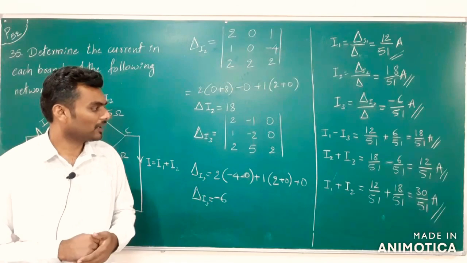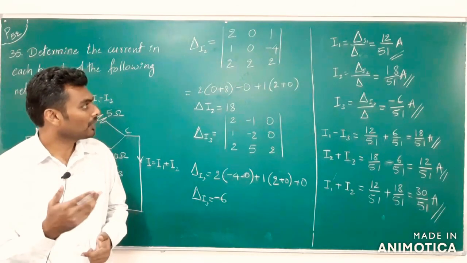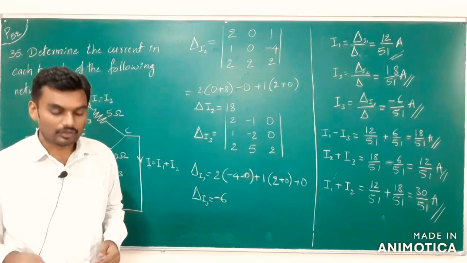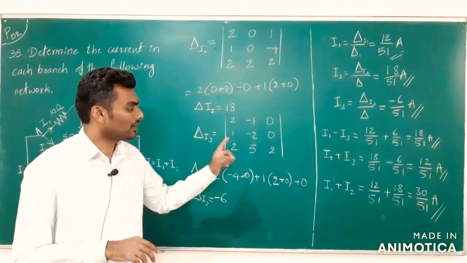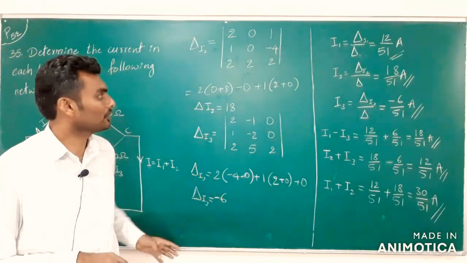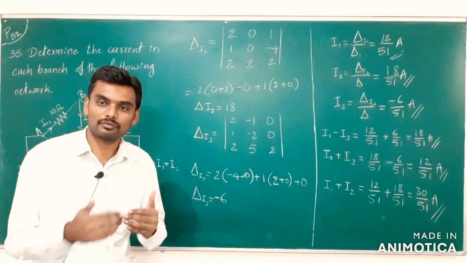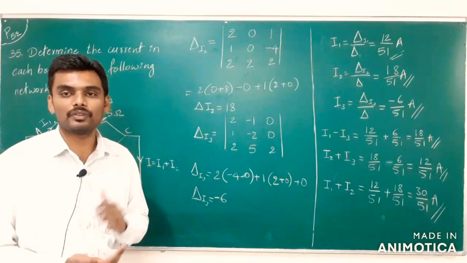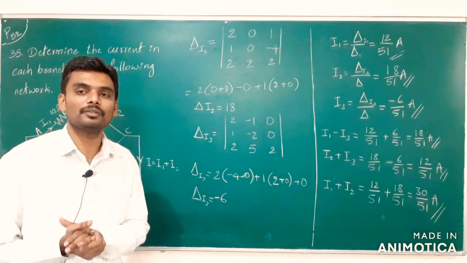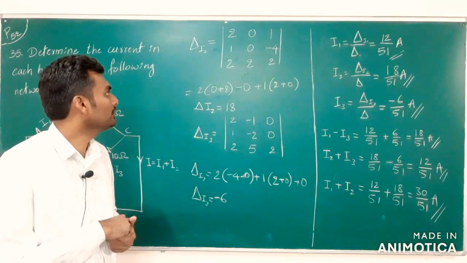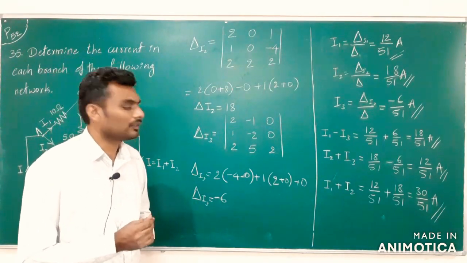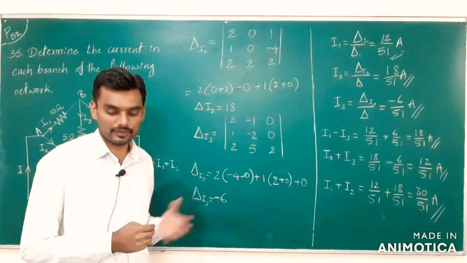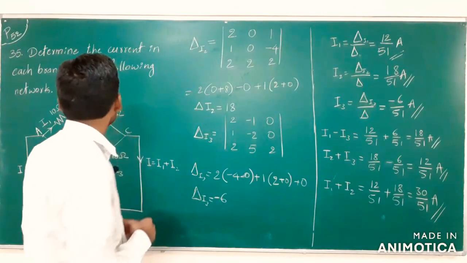But anyhow, I thought to give you the actual Kramer's rule method, so that even if you have complex numbers where you find it difficult to solve two equations together and get the value, even then you should be able to get the answers. Okay, so this is the solution for 35th.